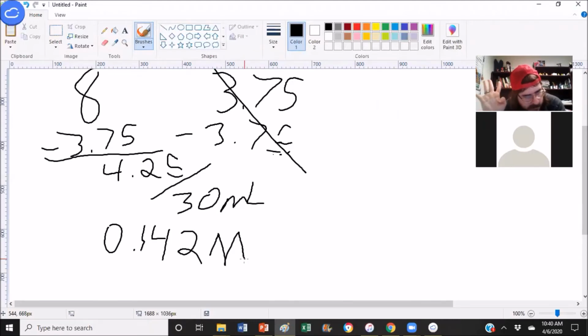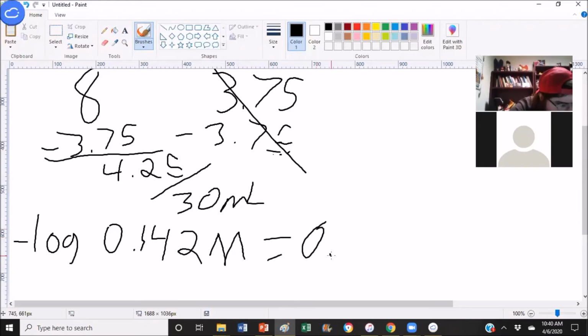Now, step 4, the last step, is the easy part. What is left? This is 0.142 molar OH. So I take the negative log of 0.142 molar and that gives us our pOH of 0.8477116556, I'm going to say 0.848.